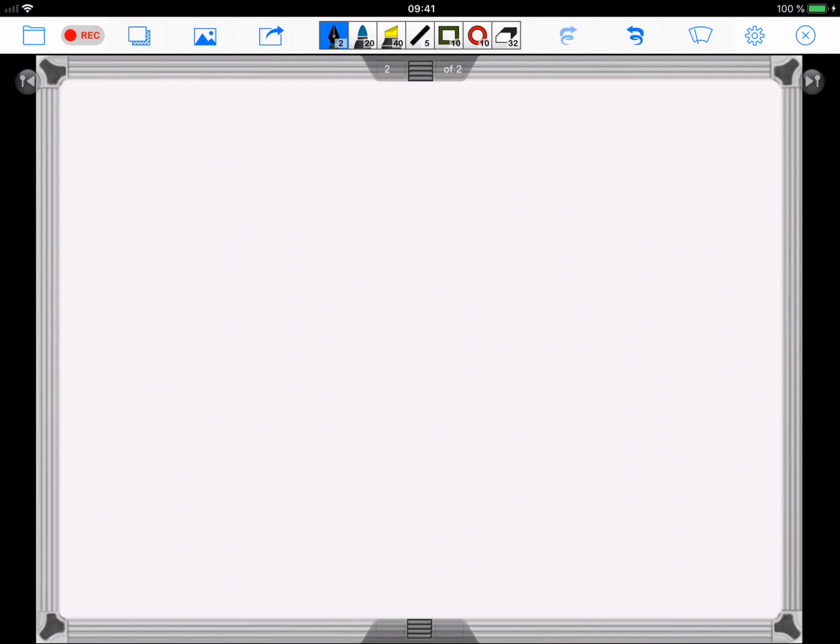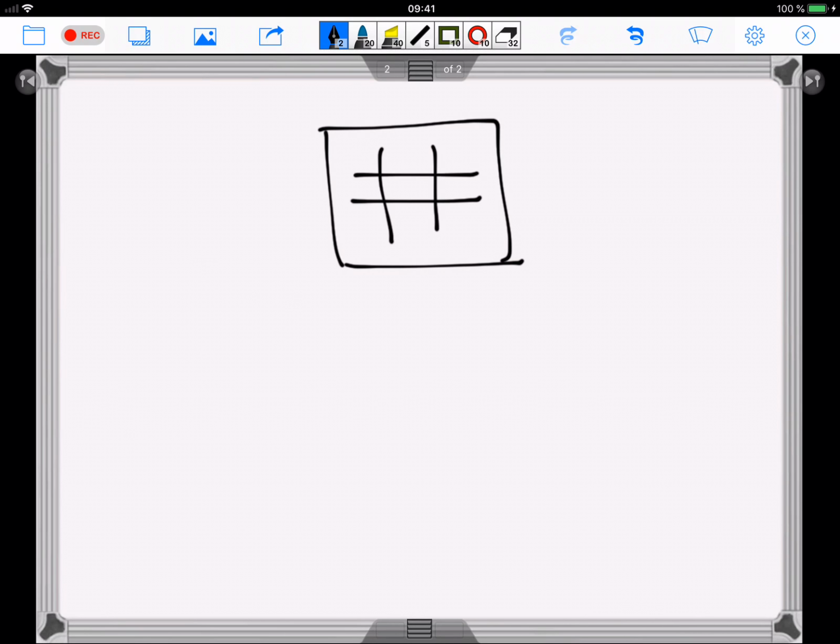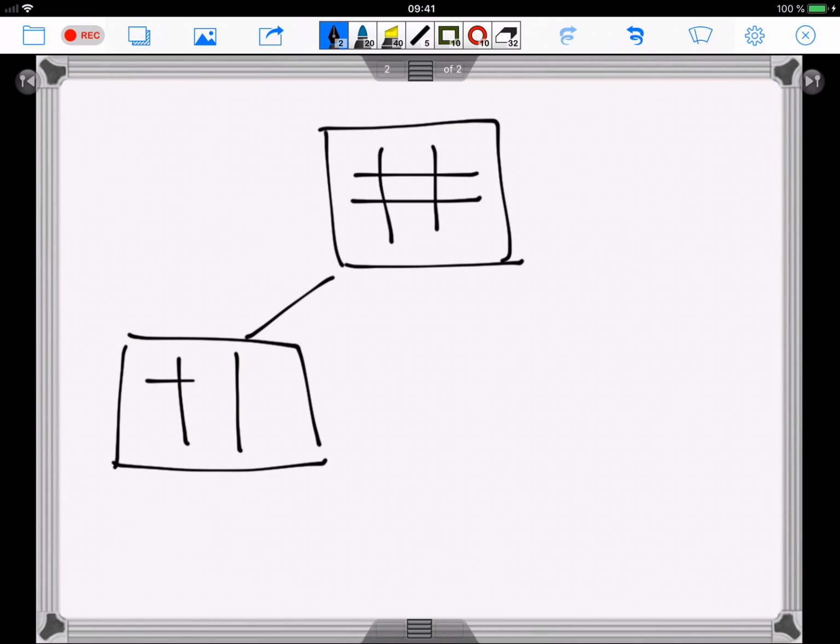So we can represent the different situations in the game in a tree, because we start with the initial position, and then we can have different situations.